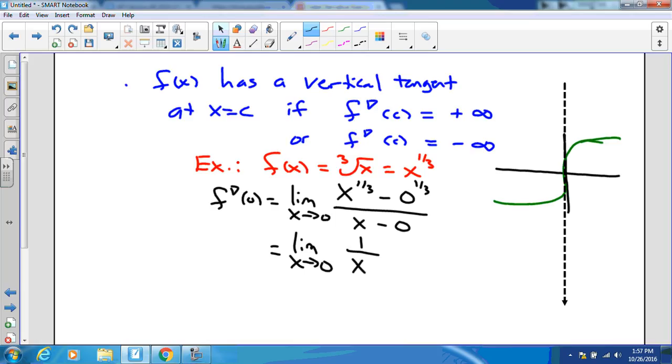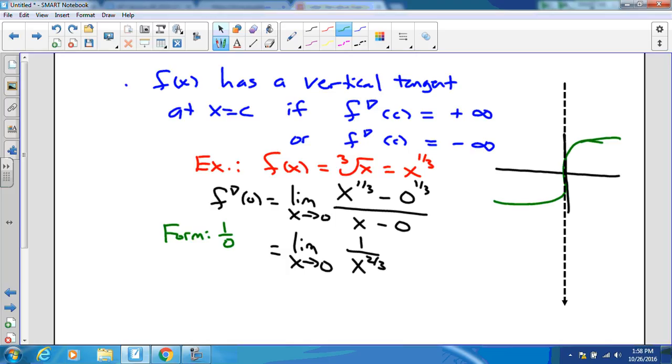Subtract the exponents. 1 over x to the... Yes, exactly. 1 over x to the 2/3 power. Just check the algebra on that and make sure that that's good for you. And it's pretty clear that the form is 1 over 0, so my limit is going to be infinite.